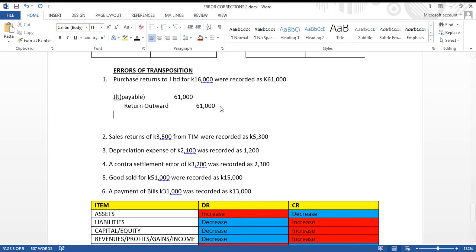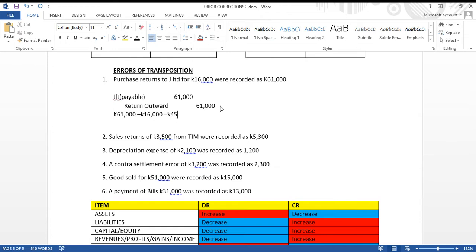So as I said, just like in errors of original entry, we are going to get the difference between the correct amount and the wrong amount. So we say 61,000 minus 16,000. We get 45,000.